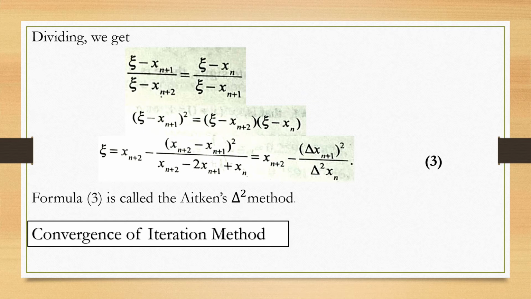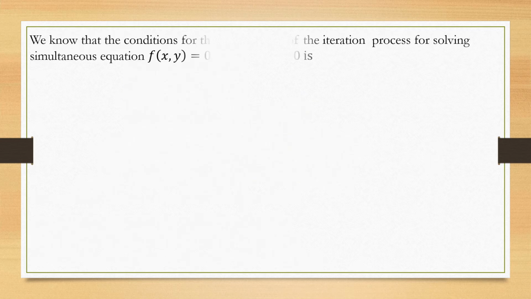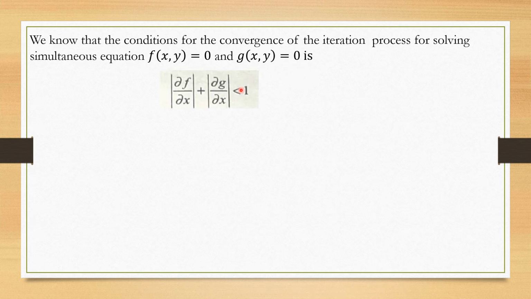Now we check the convergence of the iteration method. Condition of convergence. We know the condition for the convergence of the iteration process for solving simultaneous equations f(x,y) = 0 and g(x,y) = 0 is this.